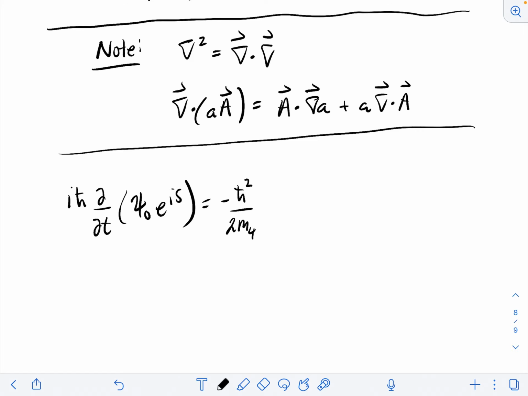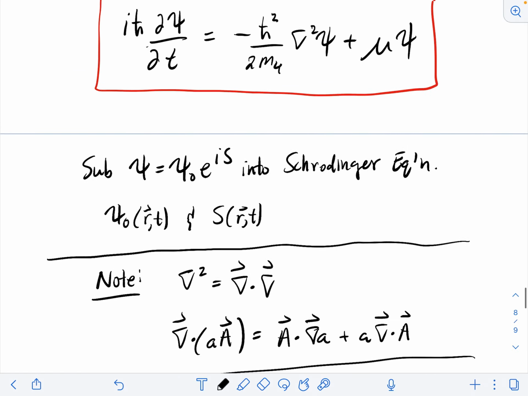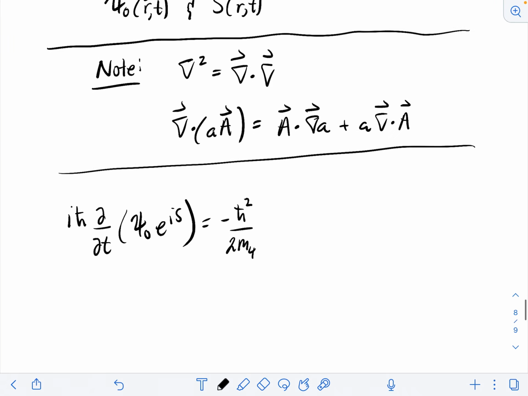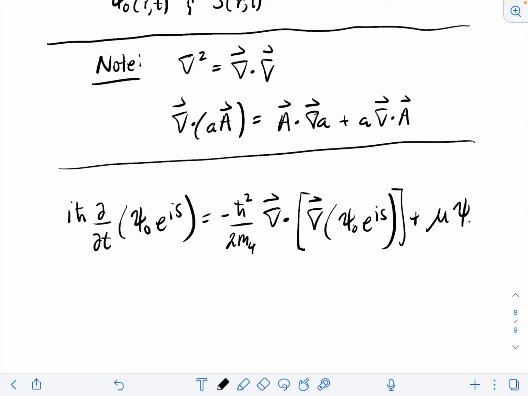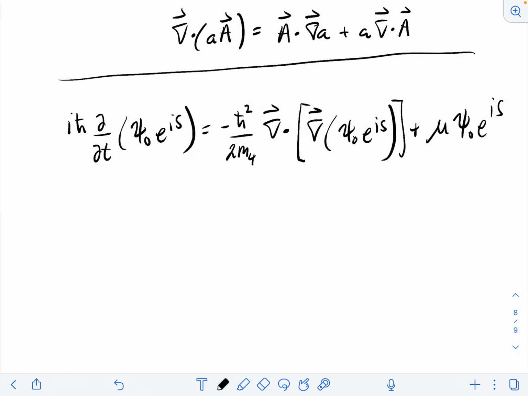And then it was del squared φ, so let's write del squared as del dot del, so this is going to be acting now on the wave function. And then it's plus our potential energy term, which is μ times the wave function, which is μ φ0 e^(is). Okay, so what we have to do is a whole lot of product rule and things like that.